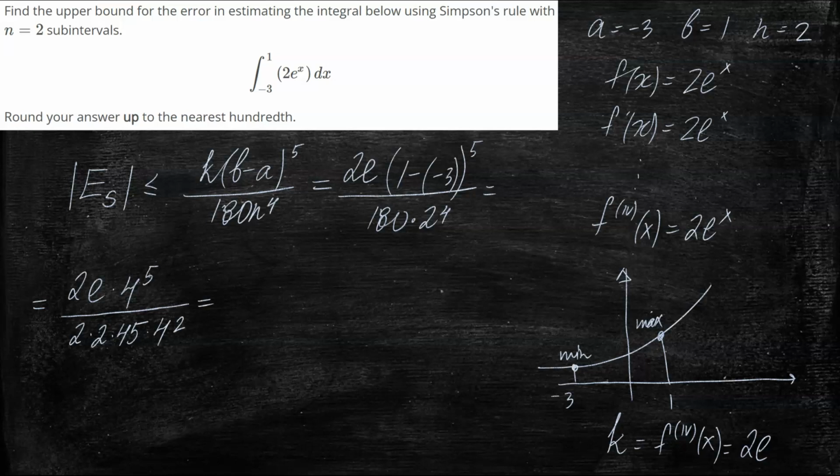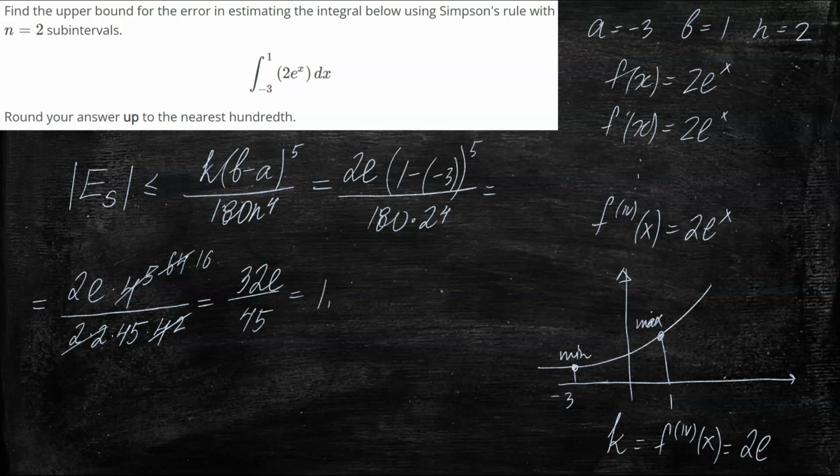I'm just trying to simplify it as much as I can. We have 4 cubed here. We divide it by another 4, we get 16. So we have 32e over 45.